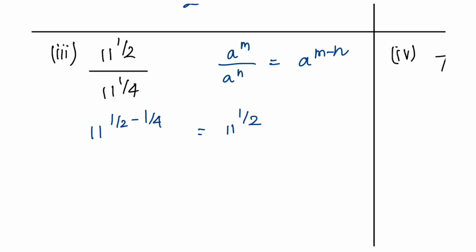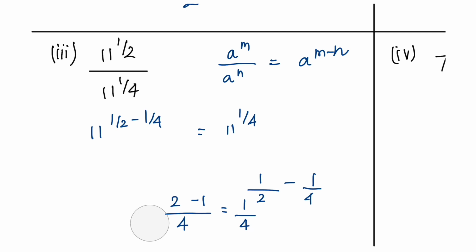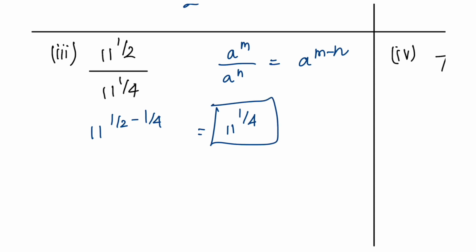Okay, so 1 by 2 minus 1 by 4 is 1 by 4, right? Let me just do the LCM as well. So the LCM here would be 4, and this is 2 minus 1, and that gives you 1 by 4, right? Or in other terms, this is half, this is quarter, half minus quarter gives you quarter, right? So it's 11 power 1 by 4, and that is the answer to this question.